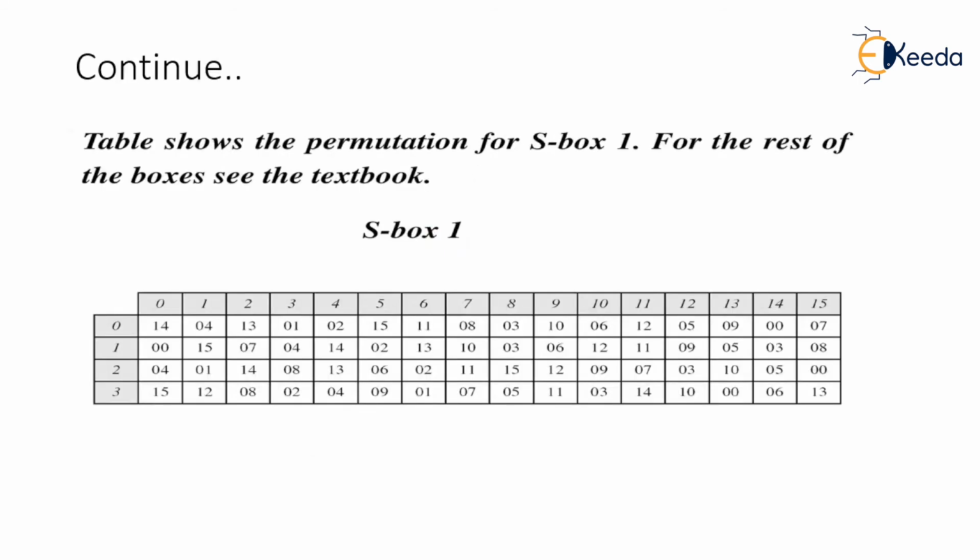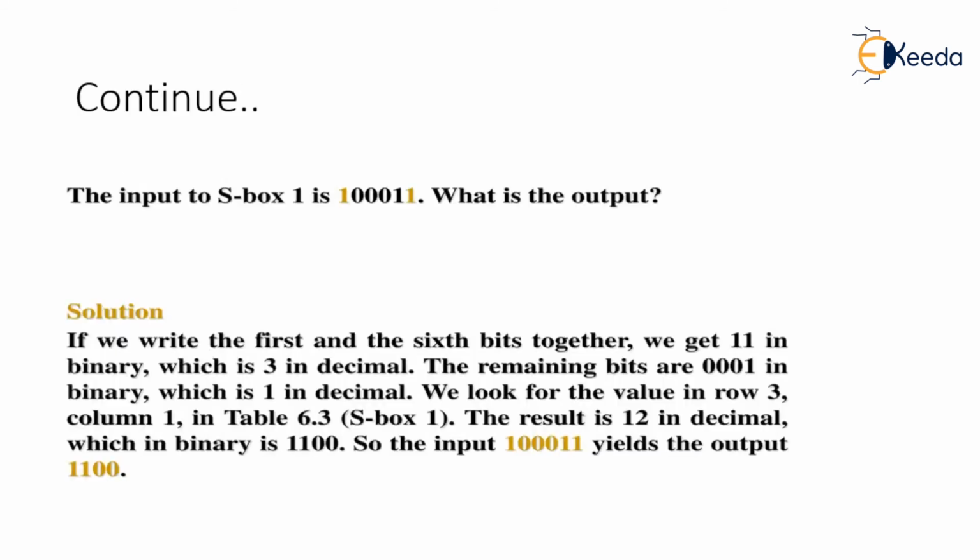Now this is the table which shows the permutation for S box 1, and for the entries of the rest of the boxes, you can refer to the textbook, wherein all 8 S boxes' entries are given. Take the example that an S box has the input 100011. What output should the S box give?